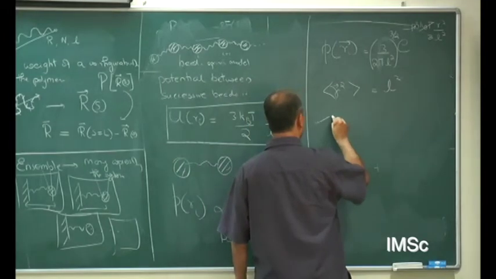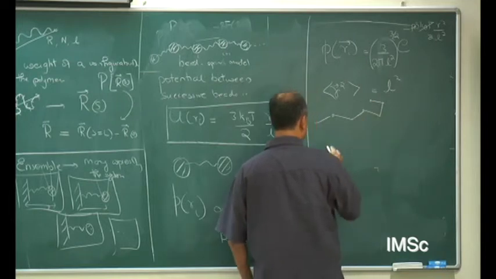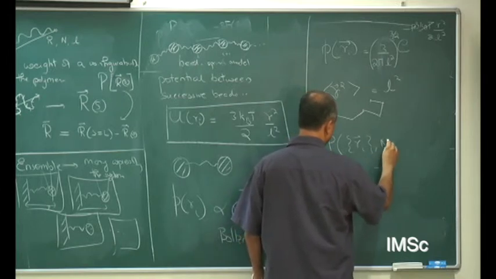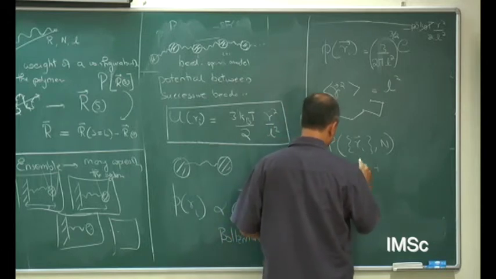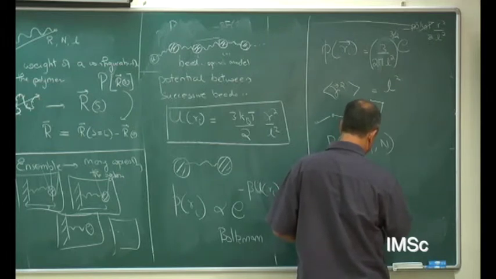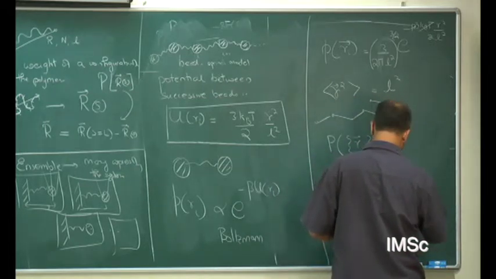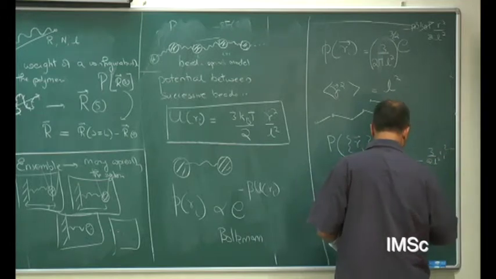Suppose now I have a whole bunch of independent such bond vectors, each of which has this particular probability. Then the probability of having a particular set of bond vectors Ri, and let's suppose there are n of them together, is just a product over i equal to 1 to n of these individual expressions. So that's 3 over 2 pi L squared whole raised to the power 3 by 2 times e to the power minus 3 by 2 L squared times Ri squared.